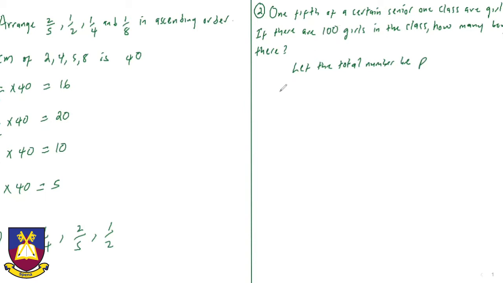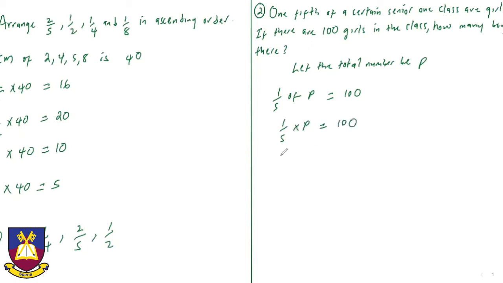So 1/5 of P, the total number, gives us 100. Of, we know, is multiplication.